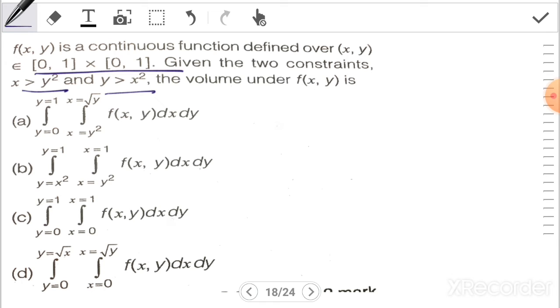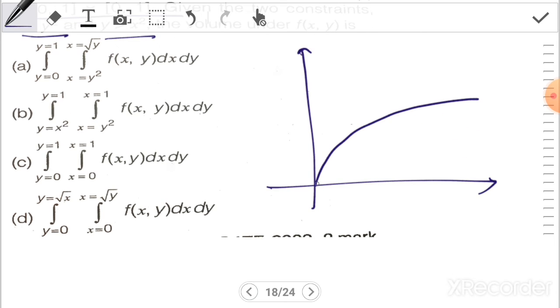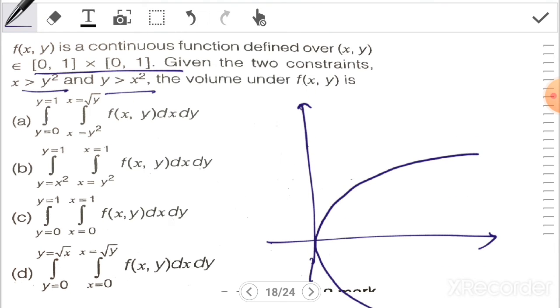So let us find this intersection. x is equal to y square is a parabola like this, and x square is equal to y is a parabola like this.